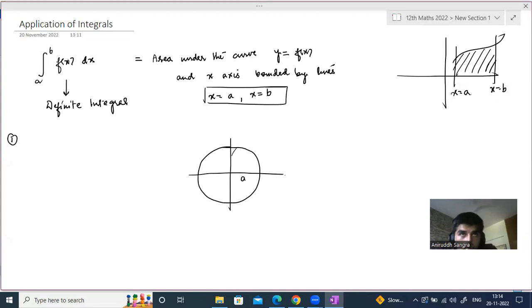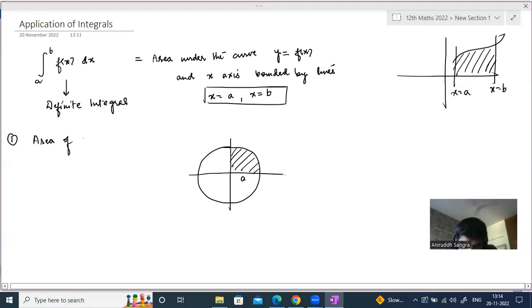Now let's say we are interested in finding out the area of one quadrant, the area of one quarter circle. We know that the formula for the area of a complete circle is pi r square, divided by 4. So this should be the area.